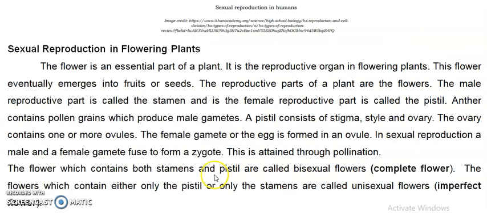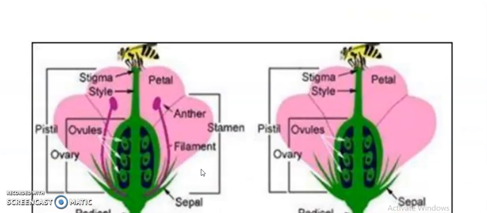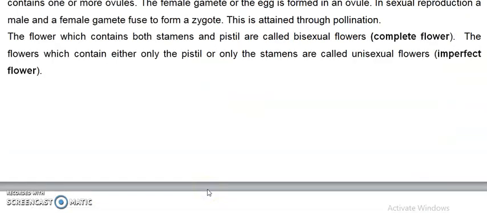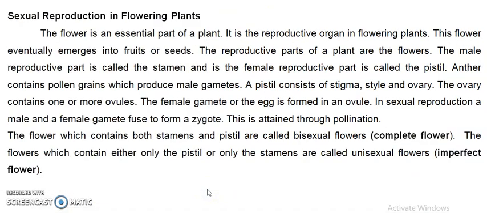Then we have the anther, which is part of the stamen. The anther contains the pollen grains, which produce male gametes.